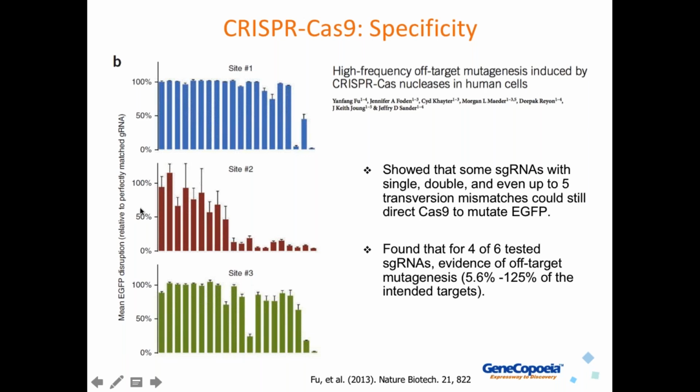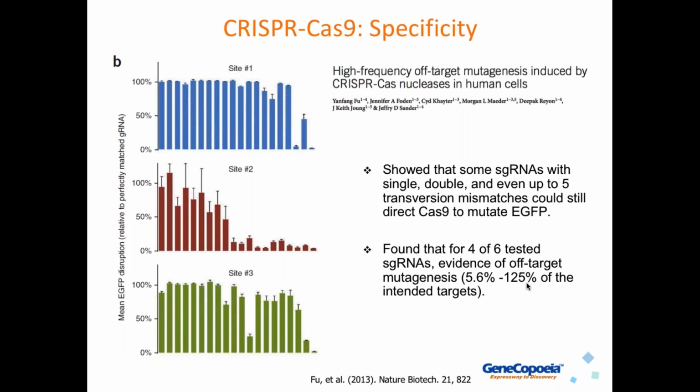There's some variation depending on which guide RNA it is. Each of these series of bar graphs represents different guide RNAs. But the bottom line is that you can mutate CRISPR guide RNA sequences and still get pretty efficient gene editing. And in fact, for 4 of the 6 tested guide RNAs, they found evidence for off-target mutagenesis, and that occurred anywhere from 5 to 125% of the intended targets.